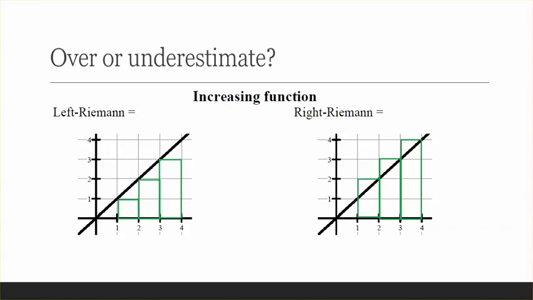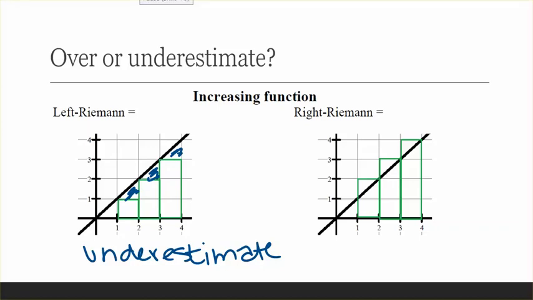So let's look at an increasing function. If we have an increasing function, you can see that the left Riemann sum is going to underestimate. There's quite a bit of area that we miss because our rectangles are underneath that graph. However, if we have a right Riemann sum and an increasing function, we're going to overestimate the actual area.